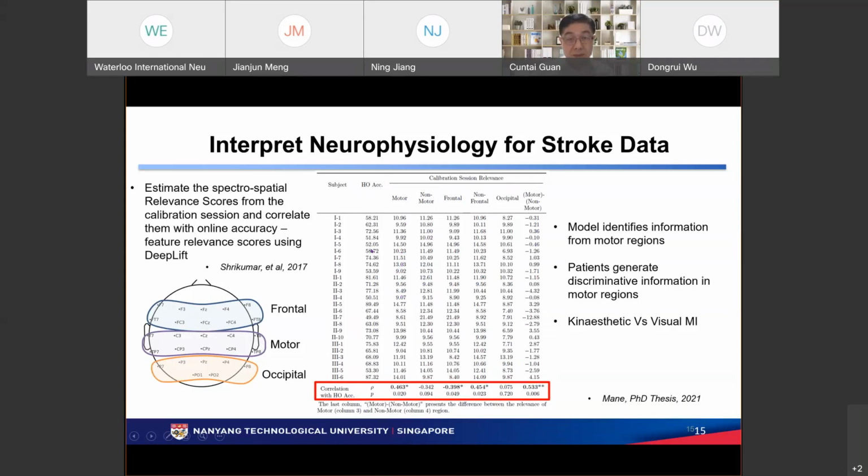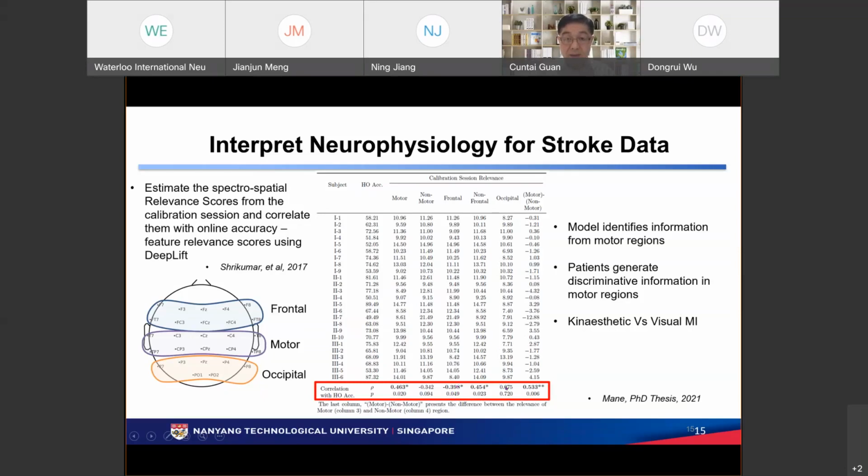Then we find the Pearson correlation between the relevance score and the accuracy. For the motor area, there is a positive correlation with a p-value of 0.02, which is significant. For frontal, it is negatively correlated, which is also close to significant, 0.05. But occipital is not significant.